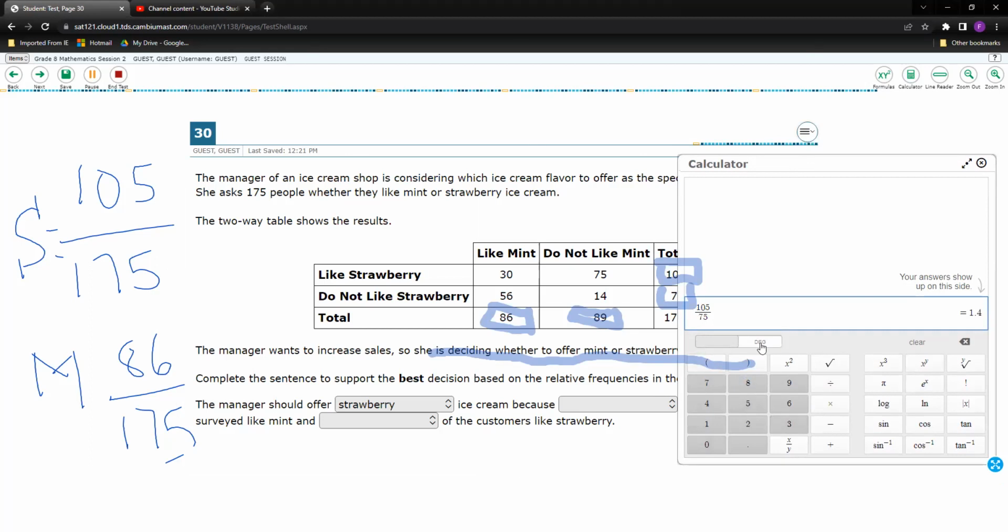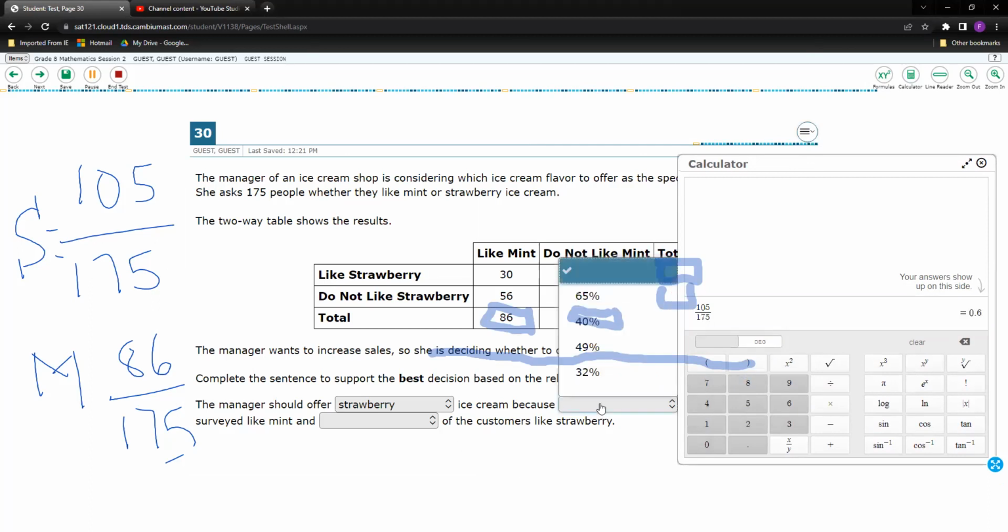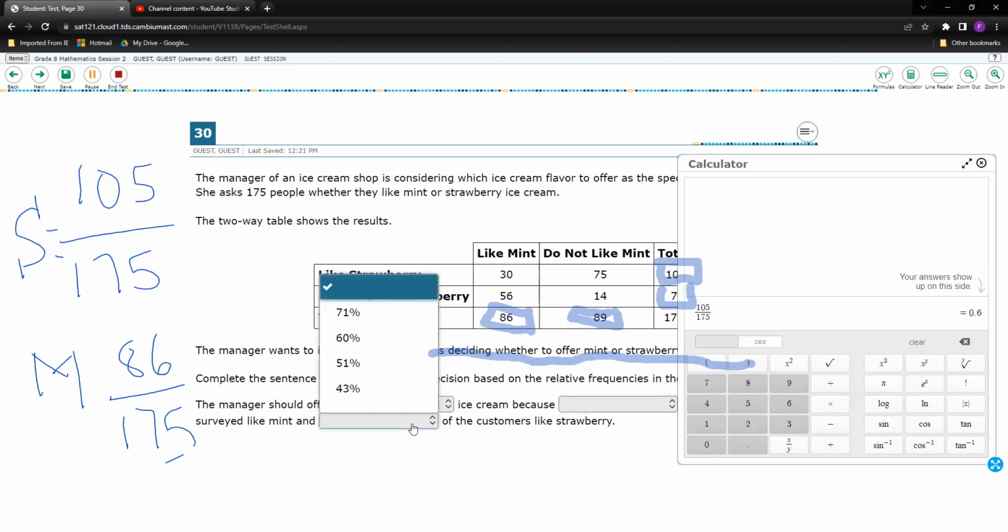I wasn't liking the answer it gave me at first. Oh, strawberry is first. So this is 60%.